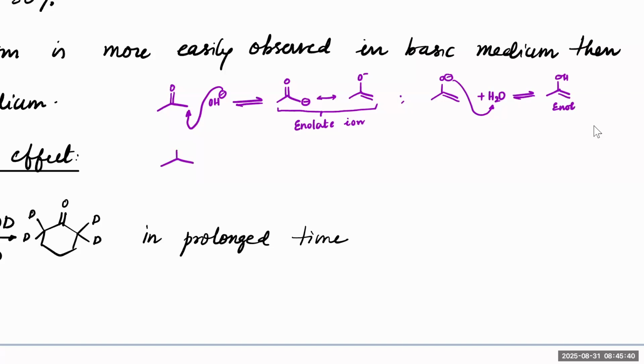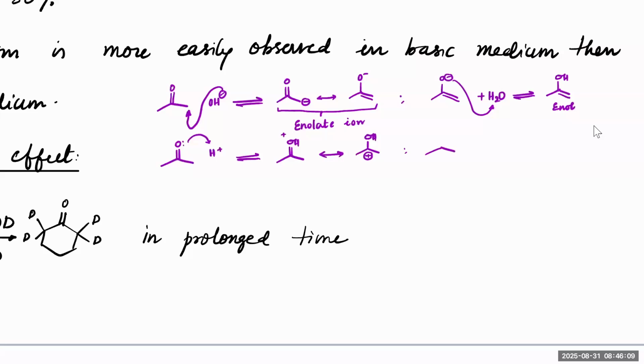If you take it in an acidic medium, the lone pair will take H plus. This is the one which you will get. The resonating form for this one is simply OH here with a positive charge.